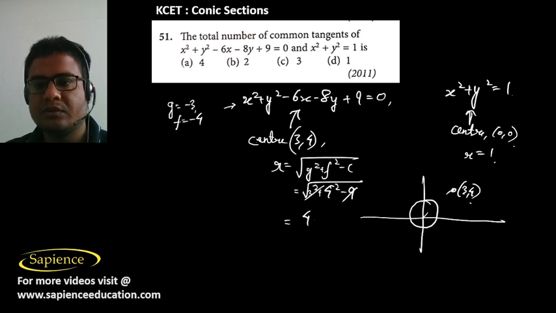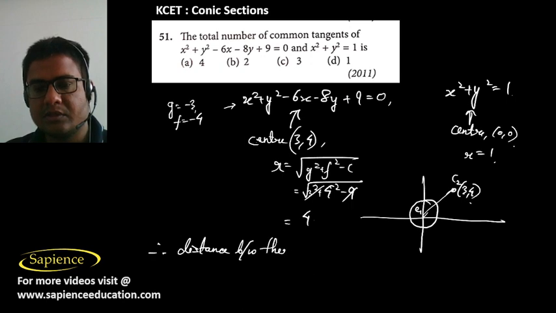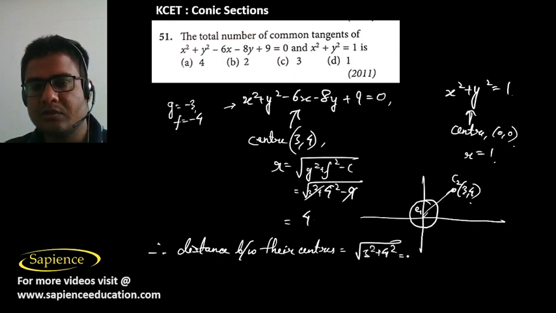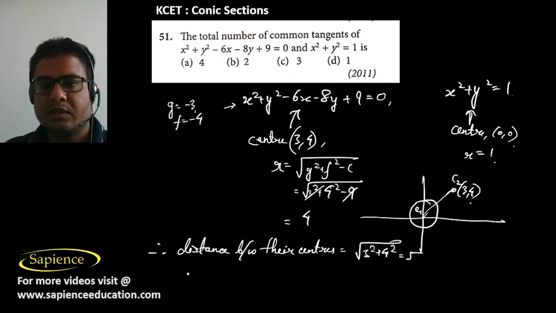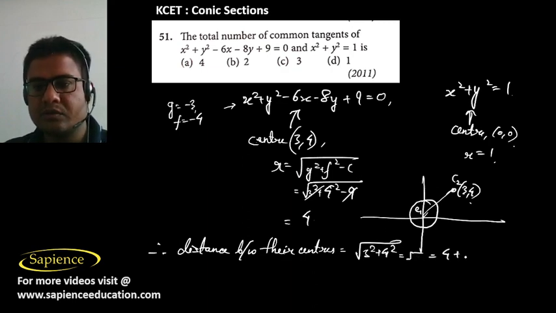So now here first we have to find the distance in between their centers. So therefore the distance between their centers is equal to square root of 3 square plus 4 square, that is equal to 5 units, and the sum of their radii is also the same, which is equal to 4 plus 1.